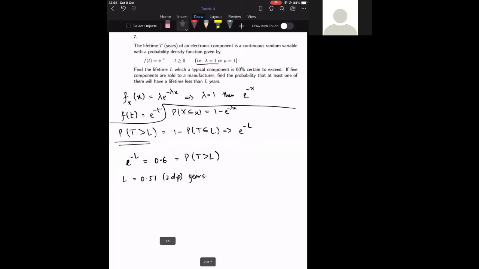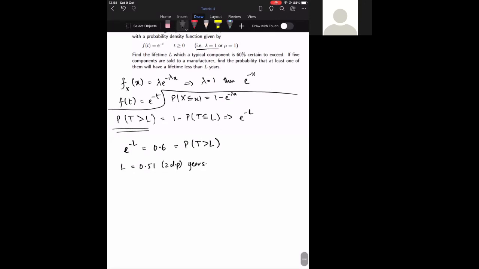We want the probability that at least one component has a lifetime less than 0.51 years.